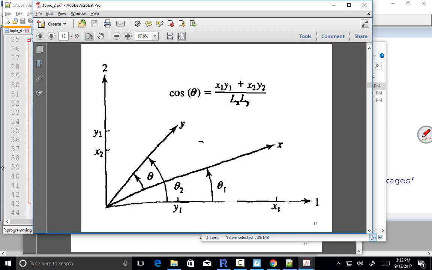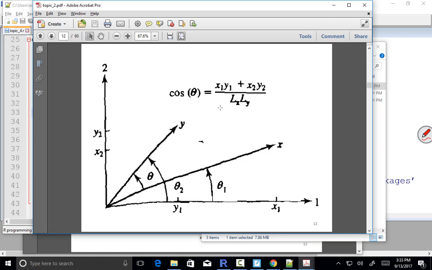One way to characterize an arbitrary vector is what's its angle with respect to the original Cartesian axis, theta 1 in this case, or what's the angle of y, theta 2 in this case. Or in some cases, what's the angle between two arbitrary vectors, theta.